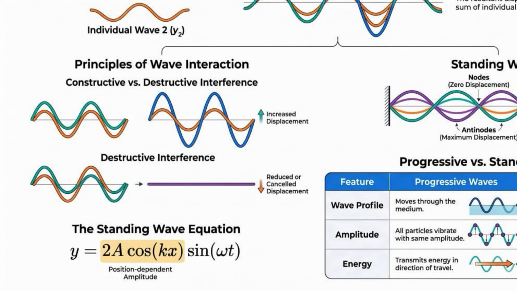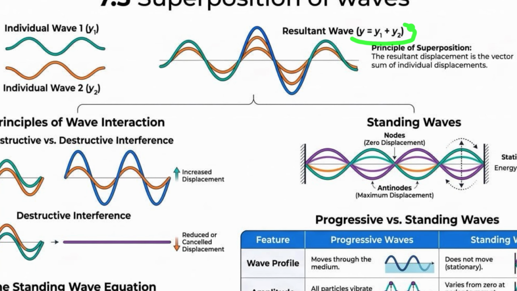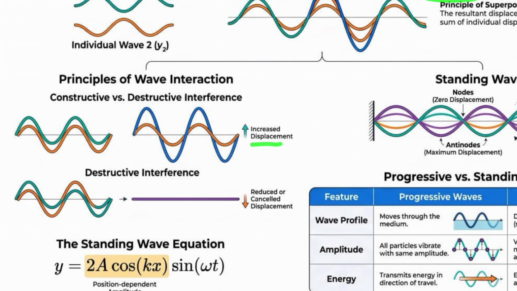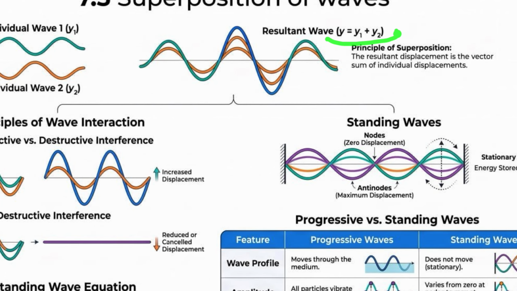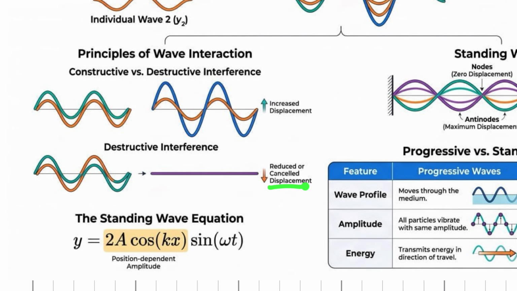Any interaction between two waves where, applying the principle of superposition, your y value is higher, an increase in displacement, we call constructive interference. If the resultant wave is lower or reduced, this is what we call destructive interference.